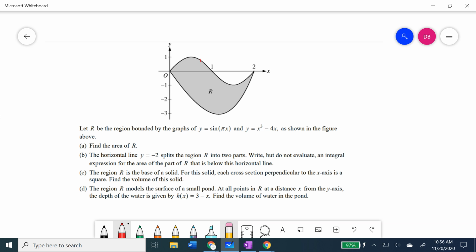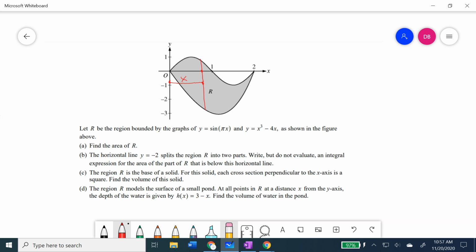So I'm going to draw a vertical line. Well, okay, let me try again. That just was not vertical enough. Vertical line, and that is a distance x from the y-axis.